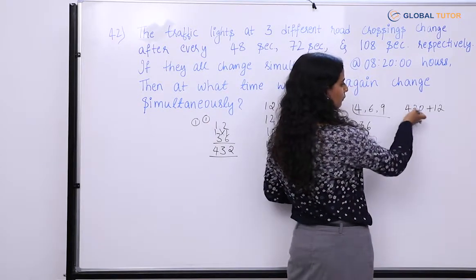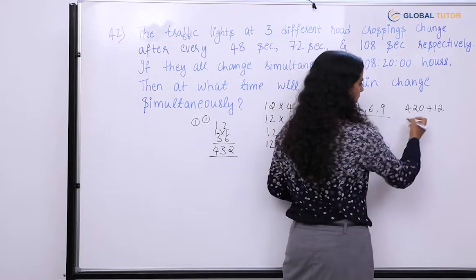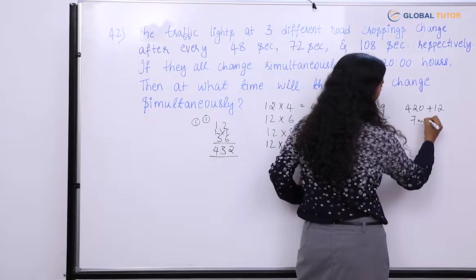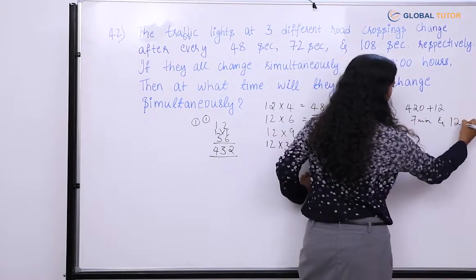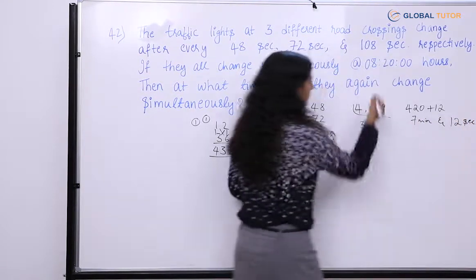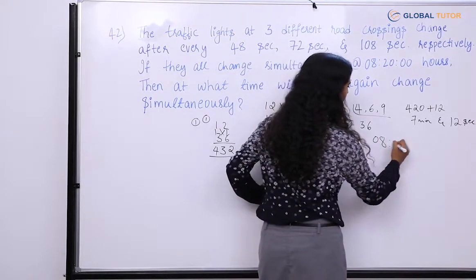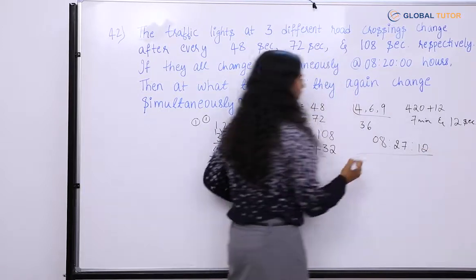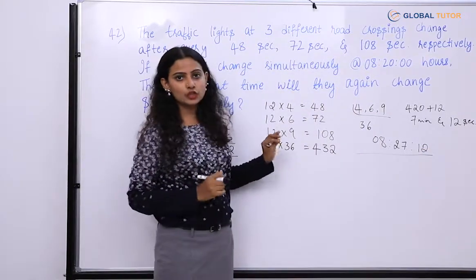So 6 sevens are 42. So that's how I have written. So this will be 7 minutes and 12 seconds. So which means at 8 hours 27 minutes and 12 seconds, all these signals will simultaneously change.